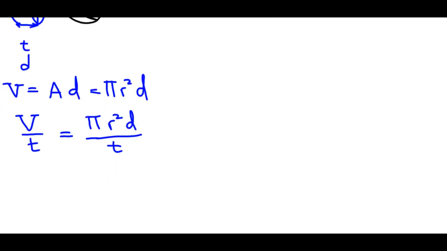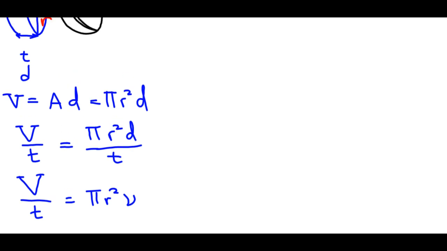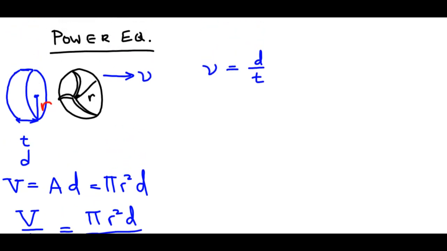So we have just come up with an equation just by doing a little analysis here. We've come up with an equation that will be very useful for us. The volume passing through per time is equal to pi r squared times the velocity, or the speed of the wind. The wind is what moves.